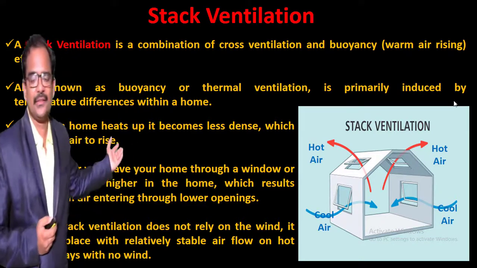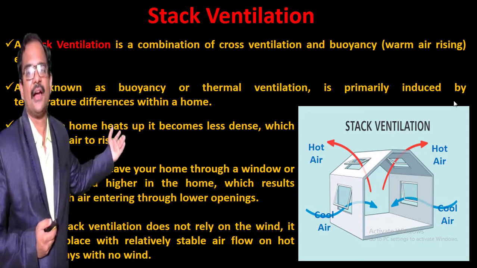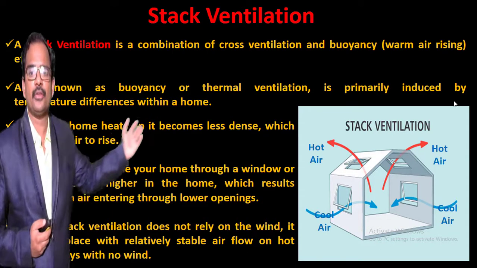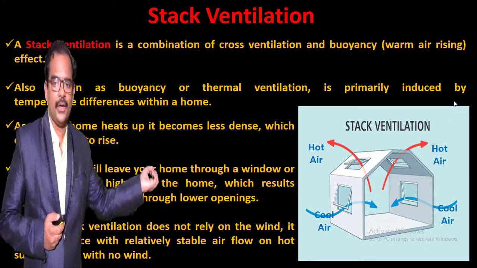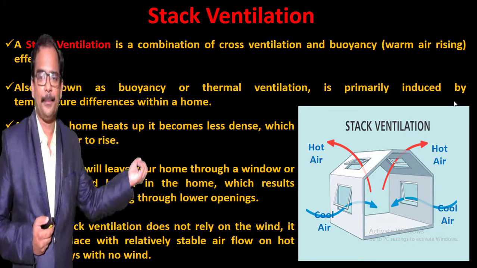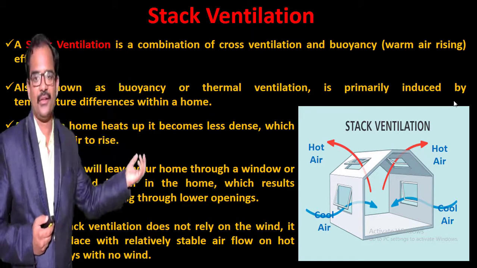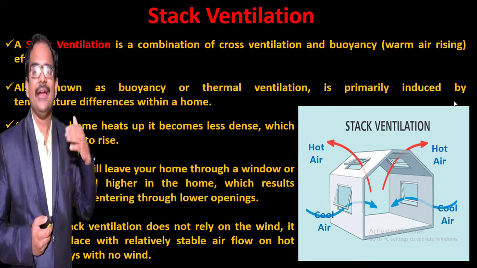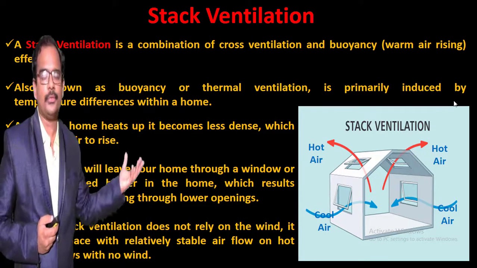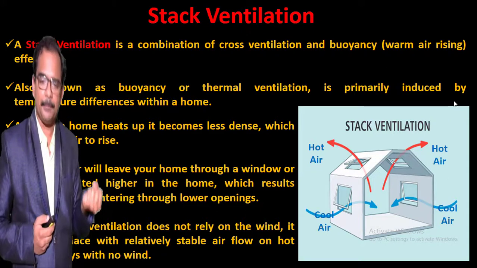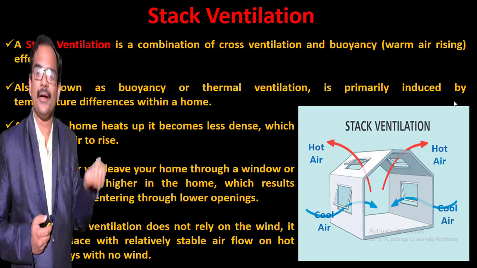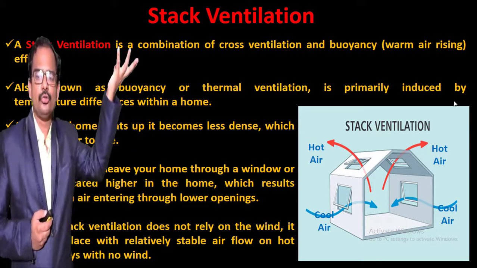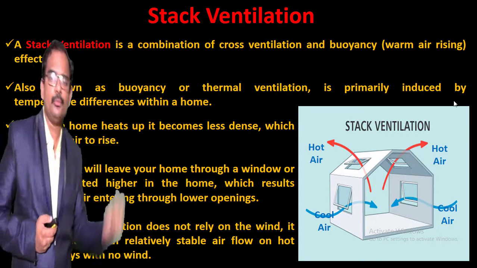As you can see in this figure, it's clearly evident that the cool air will come from both the windward wall as well as the leeward wall into the home, and once it gets heated up because of the sun's heat or because of the heat of the objects inside the room, then obviously the air will become hot, and the hot air's density will become less, and the air will move to the ceiling.